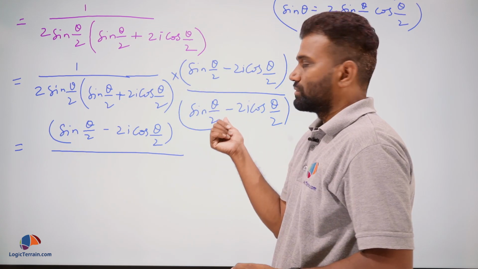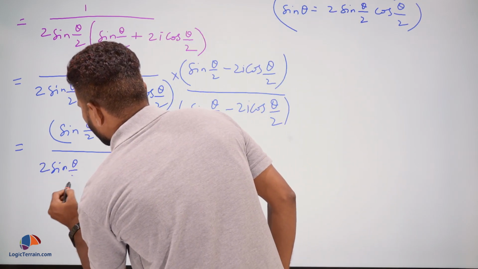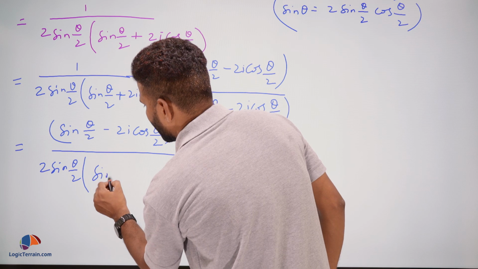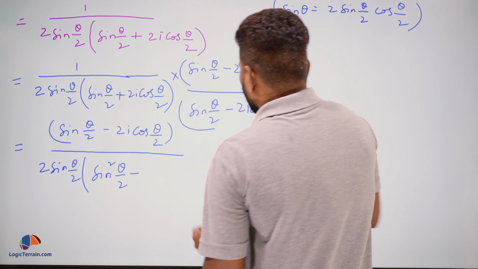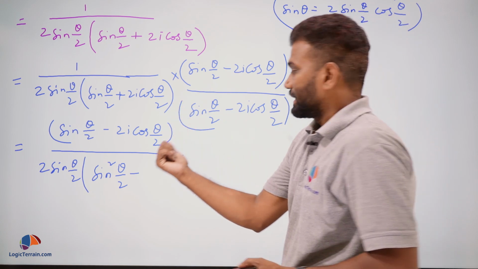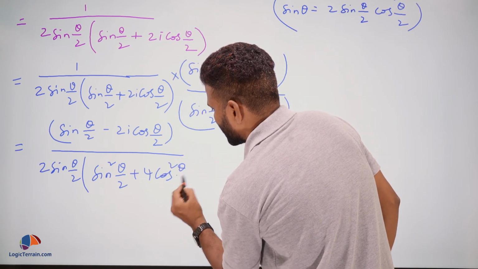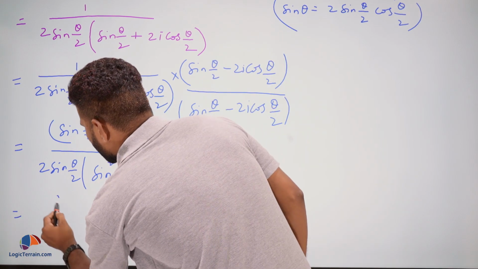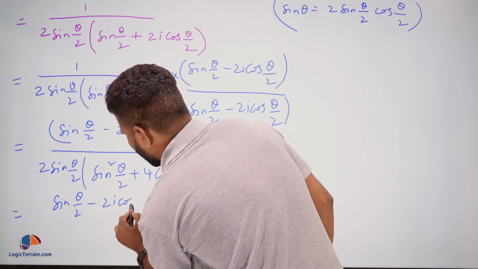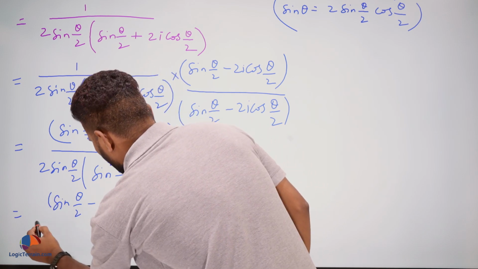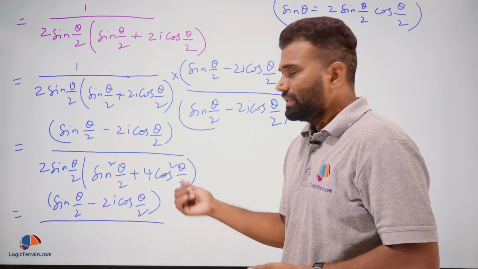So these two become a square minus b square, so 2 sin theta upon 2 into sin square theta upon 2 minus b square, that is 2 square 4, i square is -1, negative of -2 becomes positive, 4 cos square theta upon 2. This becomes sin theta upon 2 minus 2i cos theta upon 2 upon sin square theta upon 2 plus 4 cos square theta upon 2.